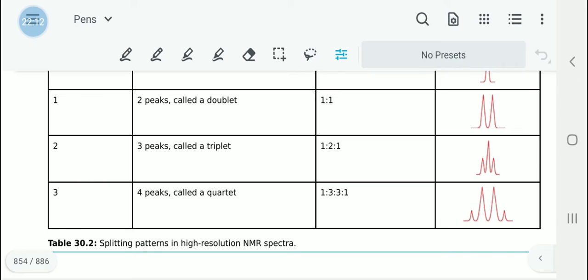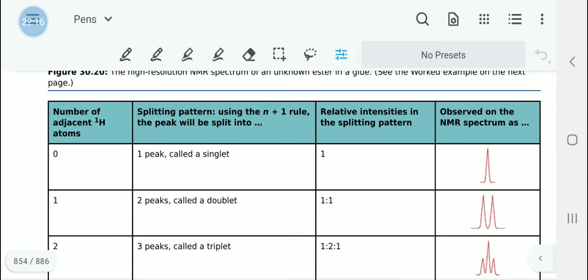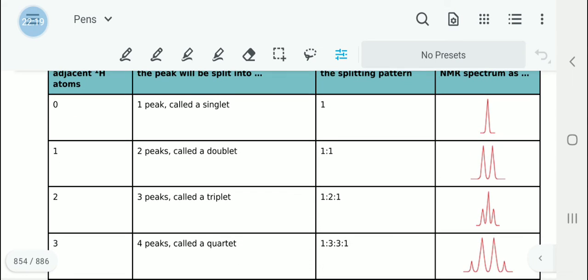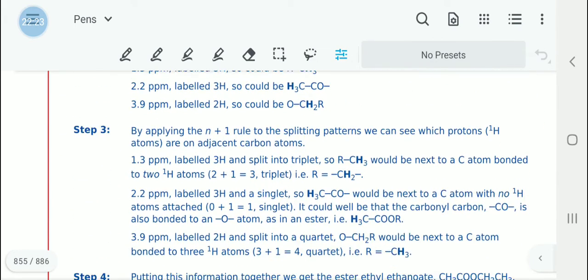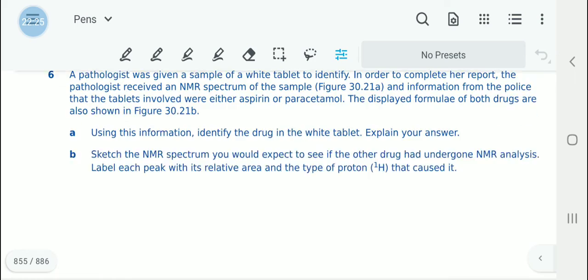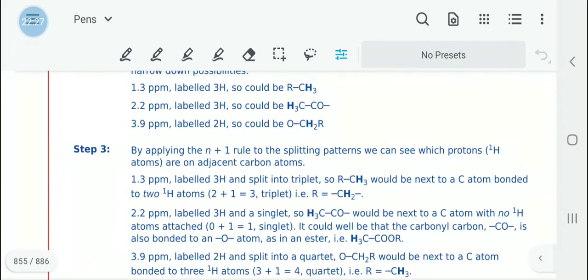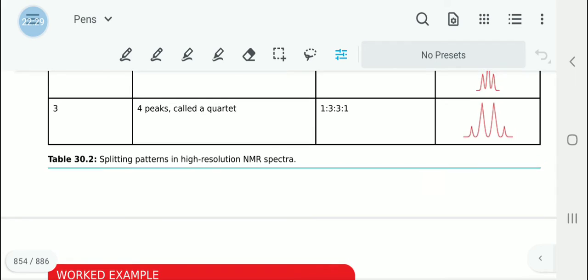That is how it goes. I hope it makes sense to you. If you did not understand, please let me know. If you understood, please do question number 6.